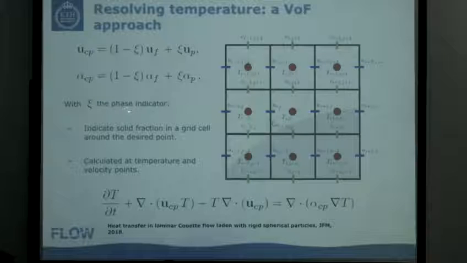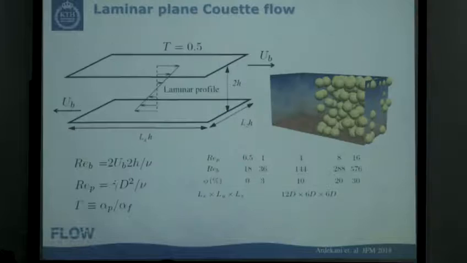We have a phase indicator function which identifies the fluid part and the solid part, and a thermal diffusivity which is a weighted average between the one in the fluid and the one in the solid, so that we can have different thermal diffusivities, although for peas and carrots, which they are interested in, the thermal diffusivity is almost the same. We change it in the simulation just to have more insight.